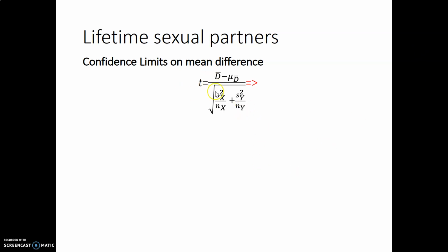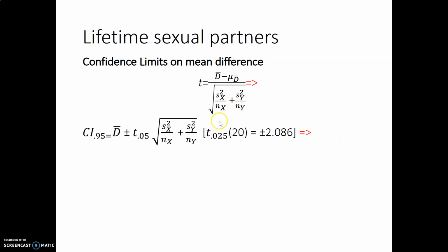So we identified that with a degree of freedom of 20 and 95% confidence, the critical t-value is positive and negative 2.086. This value we obtained from the t-table. Then we do some algebra with this equation.